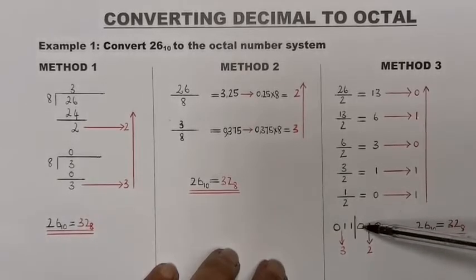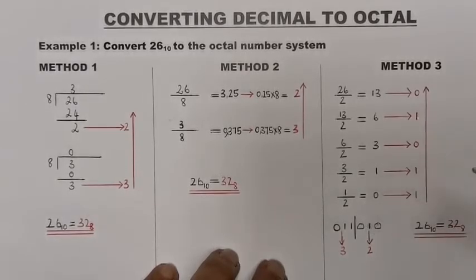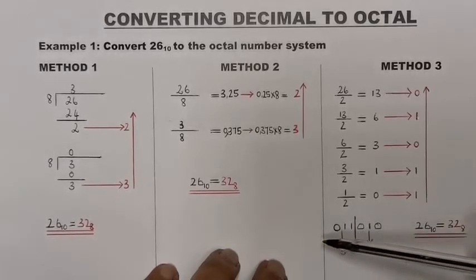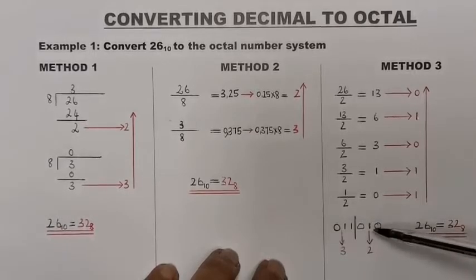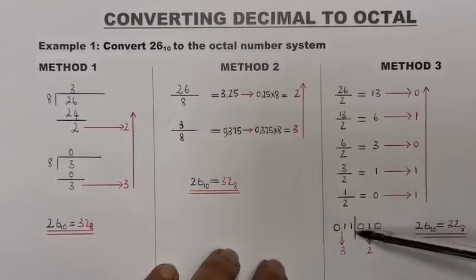Now what you need to do is make groups of 3 digits. Here I have my first group. Remember to start grouping the binary number from the right-hand side, working your way to the left, not the other way around. So 010 is going to be my first group, and then I have 11.